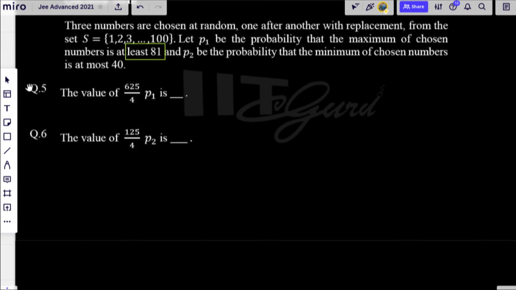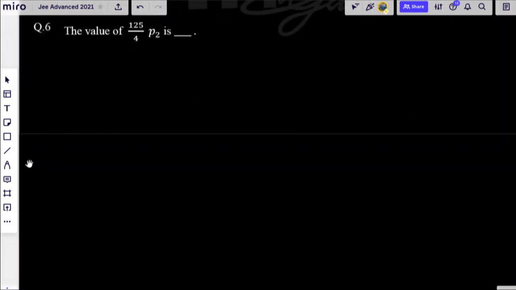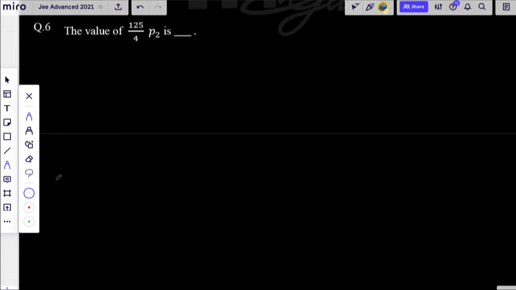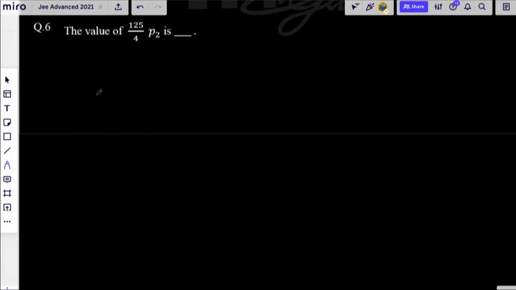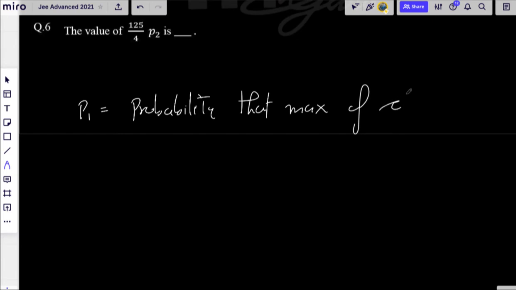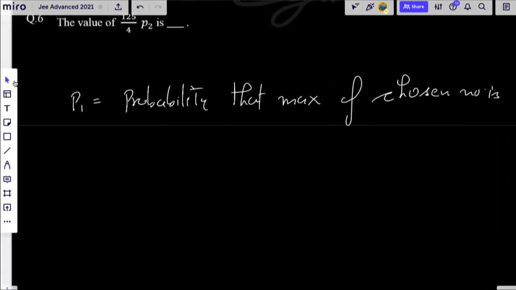So let's go for probability P1 first. Let P1 be the probability, as given in the question, that the maximum of the chosen numbers is 81.